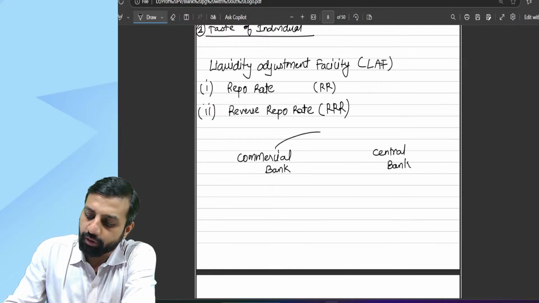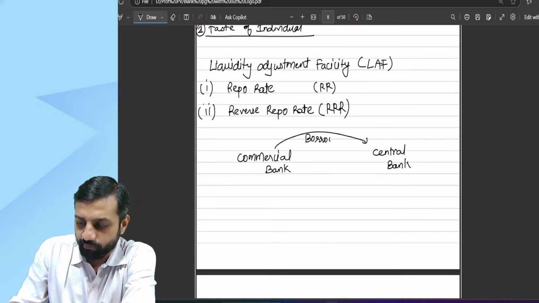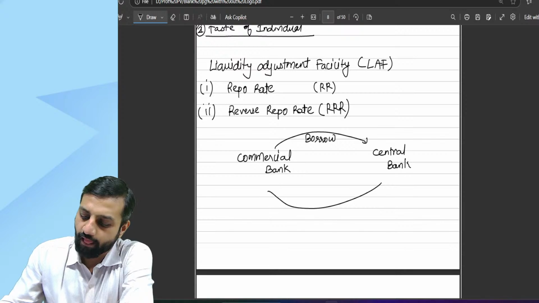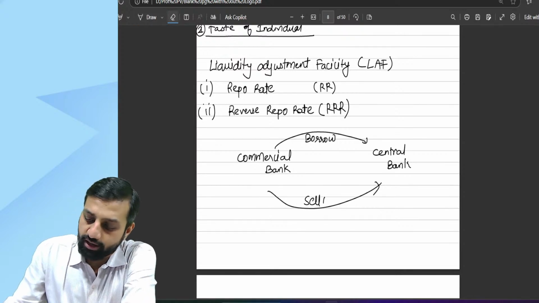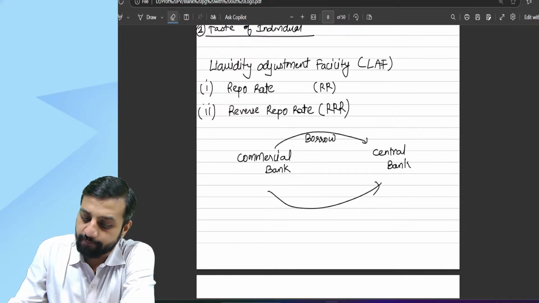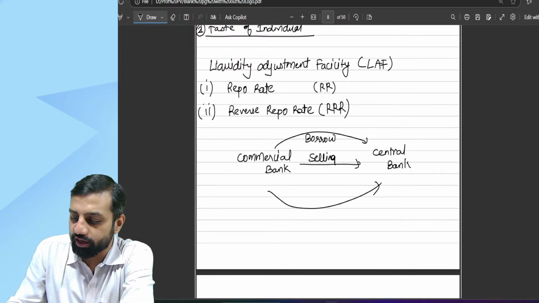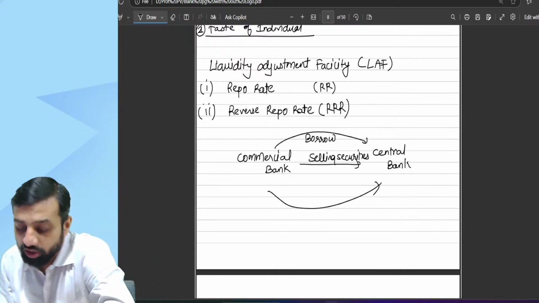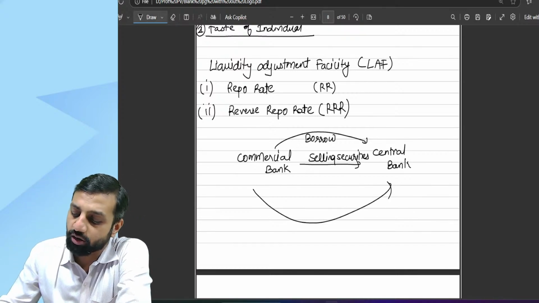Commercial bank will borrow money by selling securities with a promise to repurchase it on a future date.